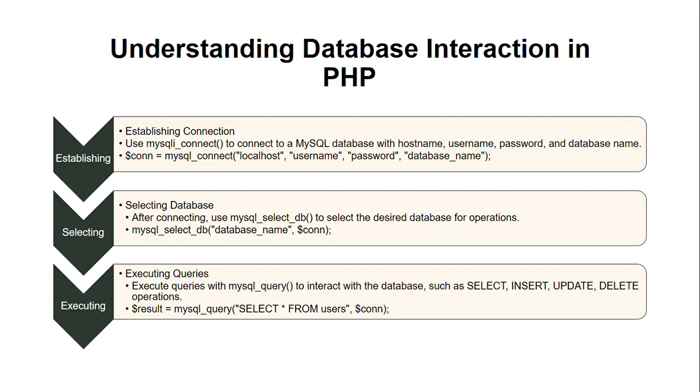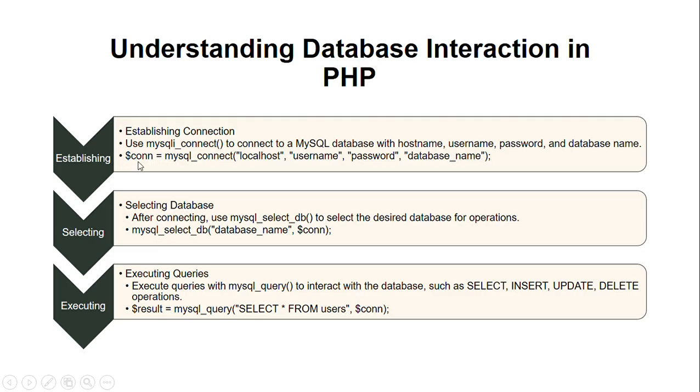Let us check database interaction through PHP. If I want to establish a connection in a PHP web page through the MySQL server, I'll be using mysql_connect as a method. So I'll declare one variable, $con.